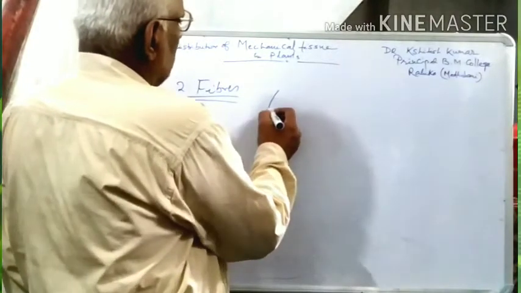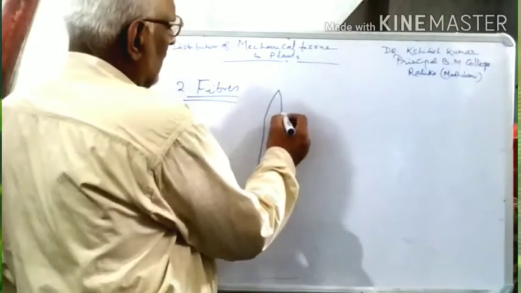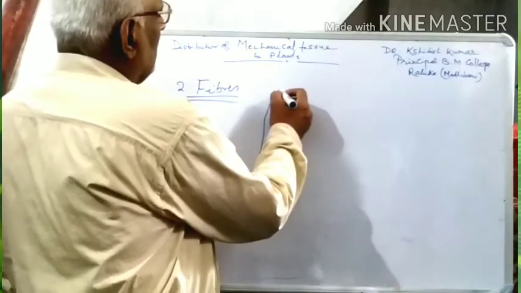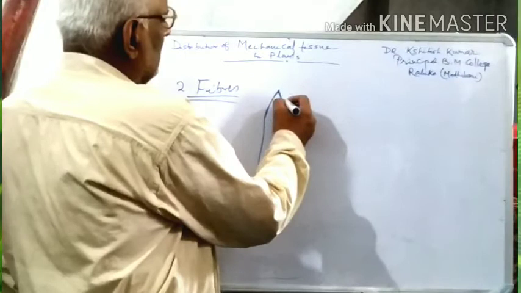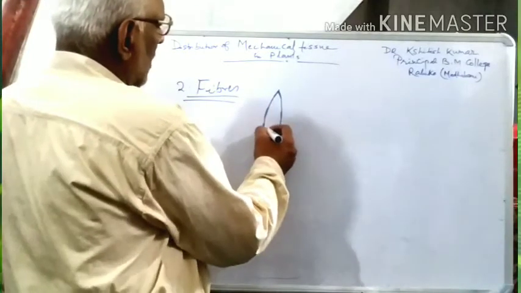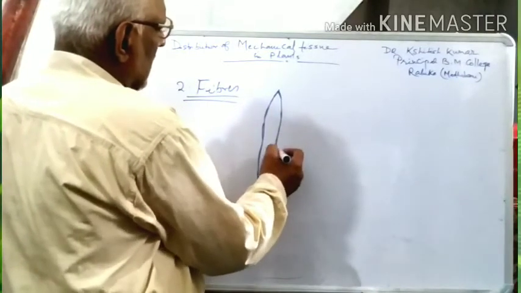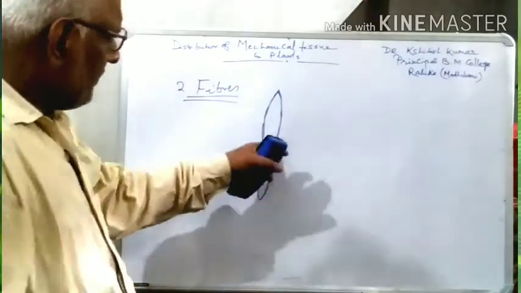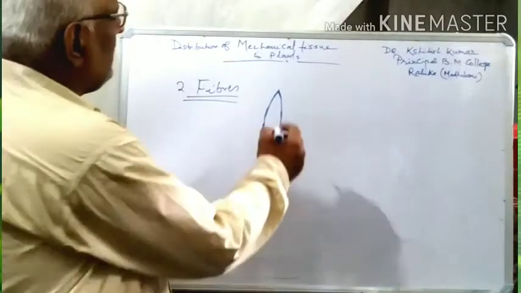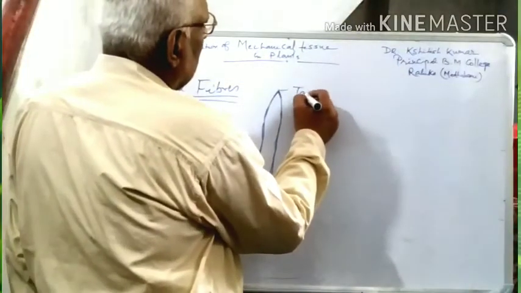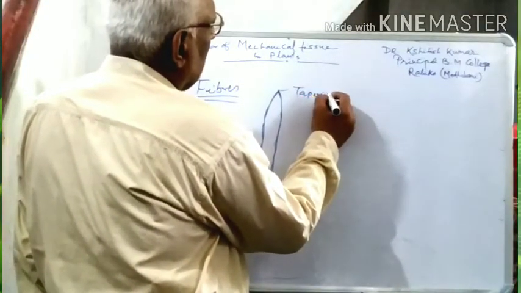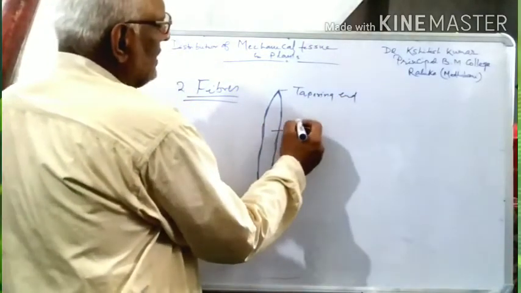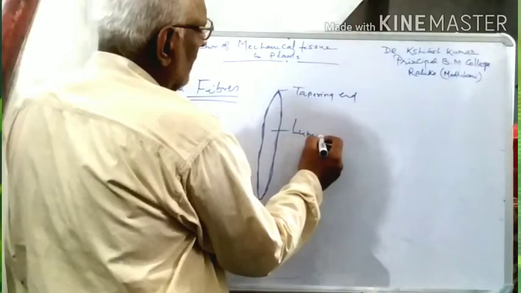The cells of the fibers are elongated with tapering ends, and there is the deposition of lignin, and a cavity is found inside these fibers, at the tapering end, known as the lumen.